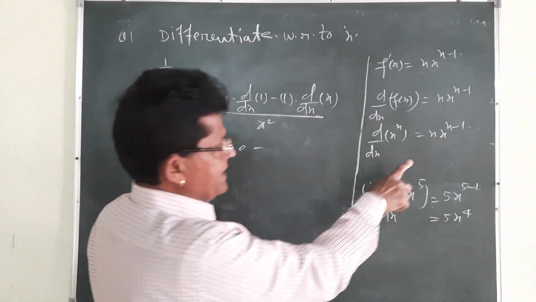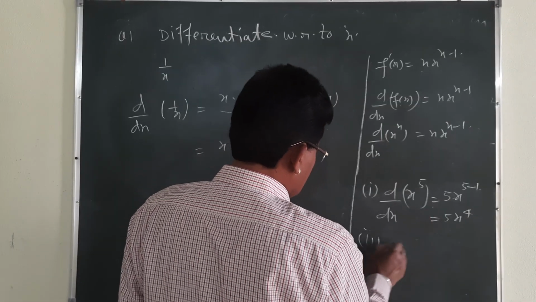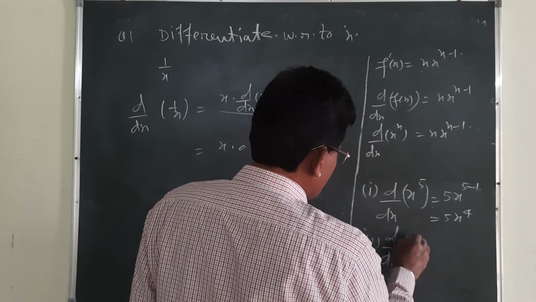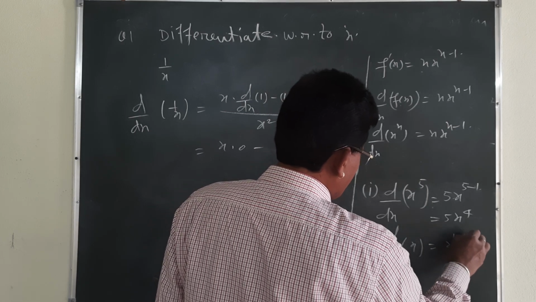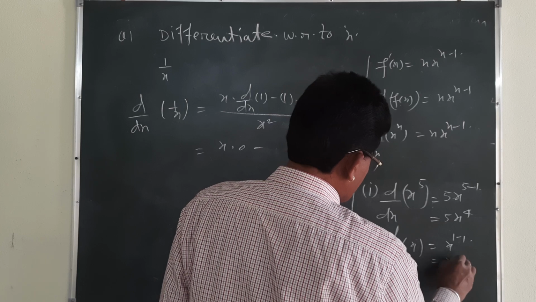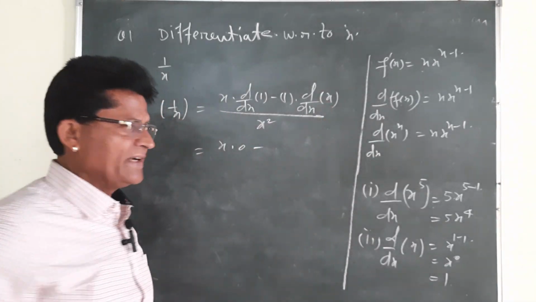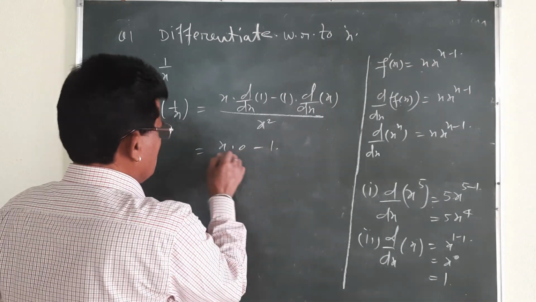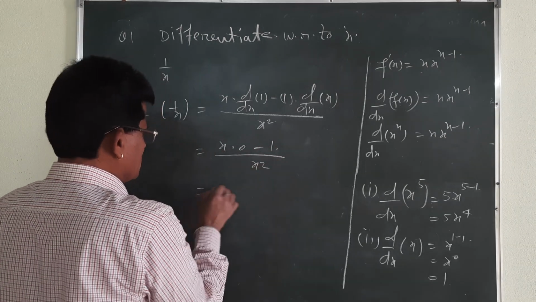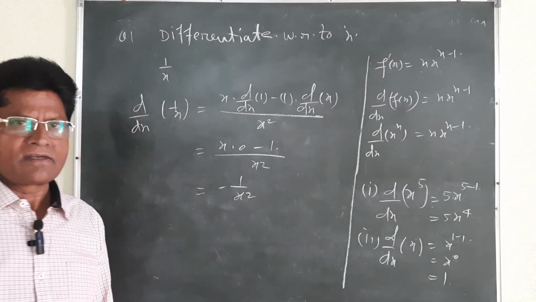If x to the power 1 is there, then d upon dx of x to the power 1 will be 1 times x to the power 1 minus 1, which equals x to the power 0, and x to the power 0 is 1. That is why the derivative of x is 1. So 1 upon x square. My dear student, you got minus 1 upon x square.